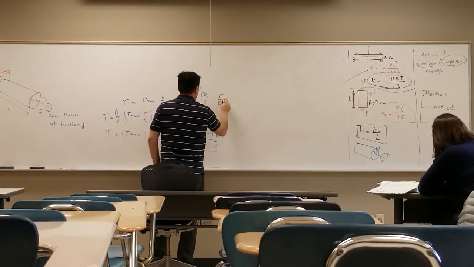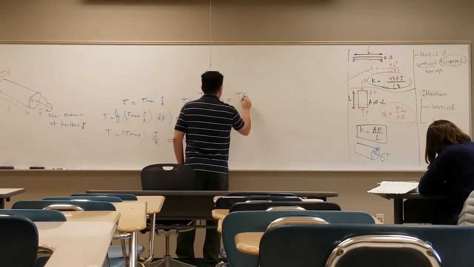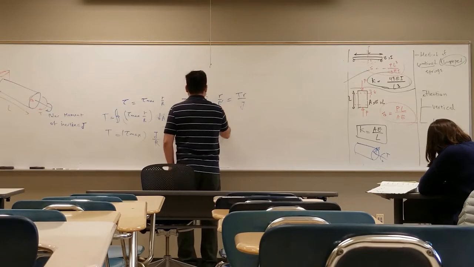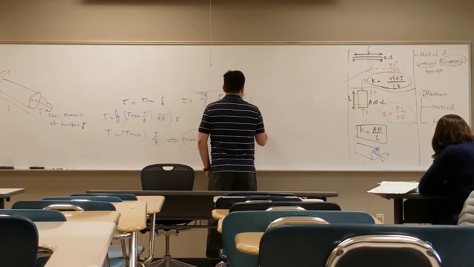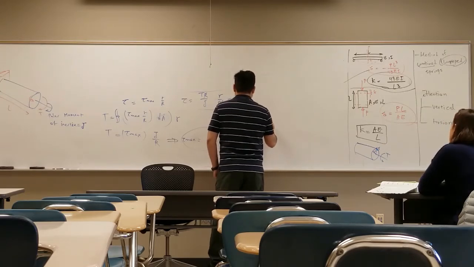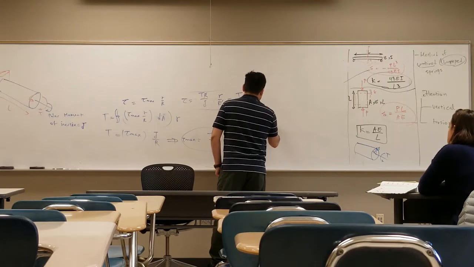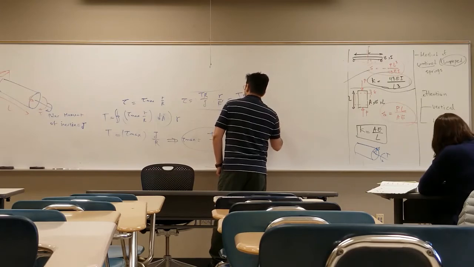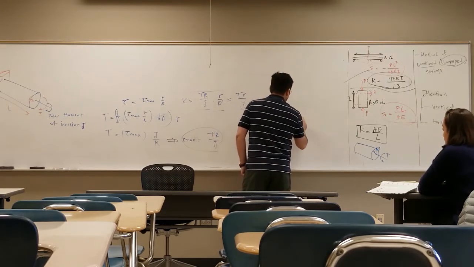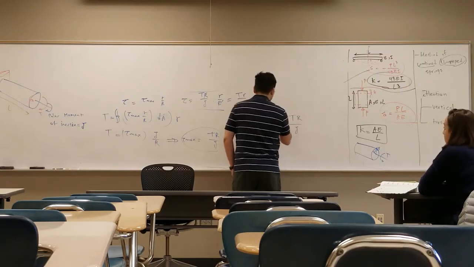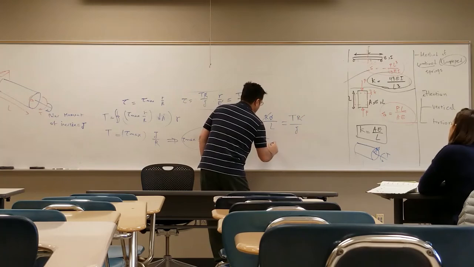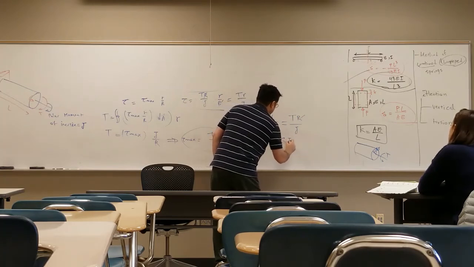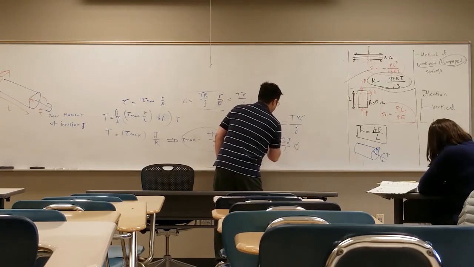R over R cancels out with TR over J. And tau is G times gamma at the surface, G times delta, which is R phi over L, equal to TR over J. R cancels out with R, then you get torque is equal to GJ over L times phi.